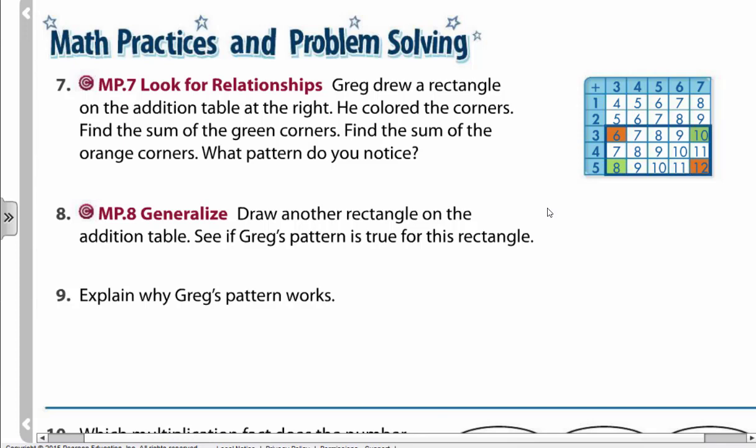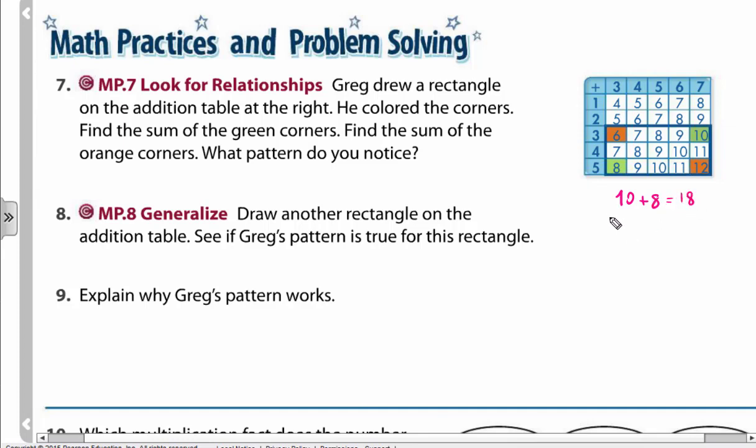Okay, Rida? Yes. Okay, what are the numbers in the green corners? 10 and 8. Okay, let me pick a color to write. This is 10 plus 8. 10 plus 8 equals? 18.